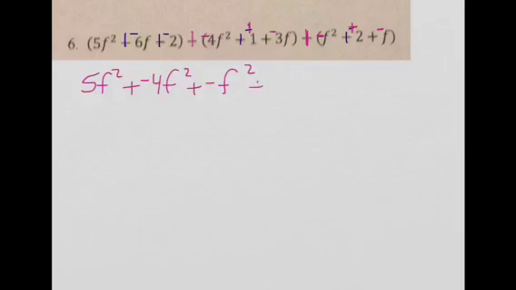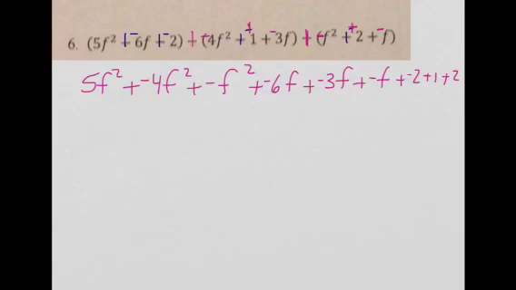So then we have plus negative 6f, and then plus negative 3f, and then plus negative f. Then we're going to be looking for our constants. Our constants are going to be plus negative 2, and then plus 1, and then plus 2.